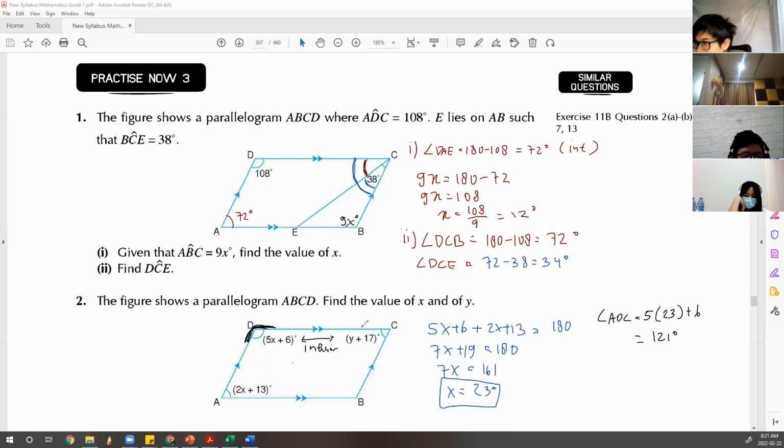So angle DCB is 180 minus 121 because it is an interior angle. That's what we learned in the previous topic. So DCB is how much? y plus 17. 180 minus 121 is 59. So y equals 59 subtract 17. 42. Done.